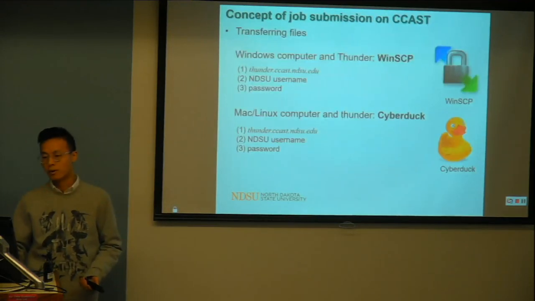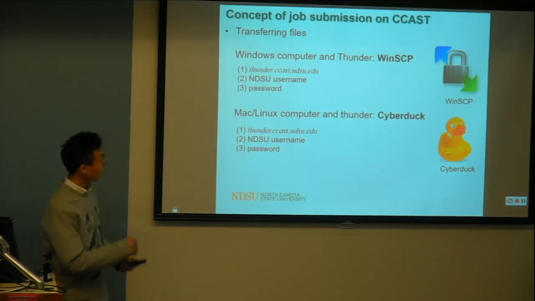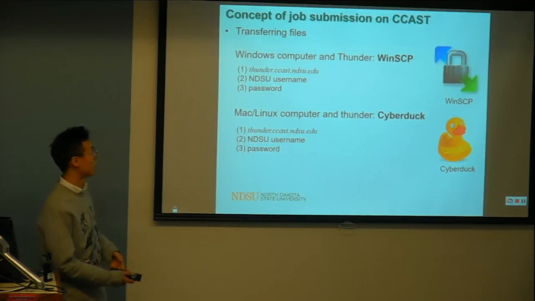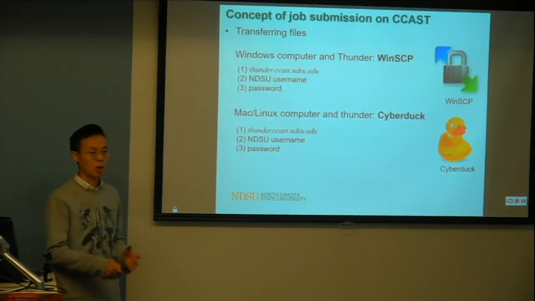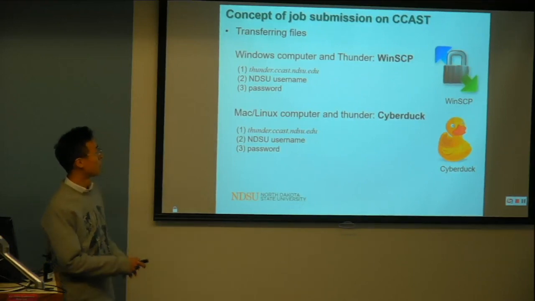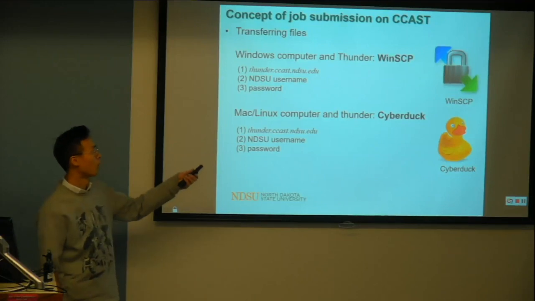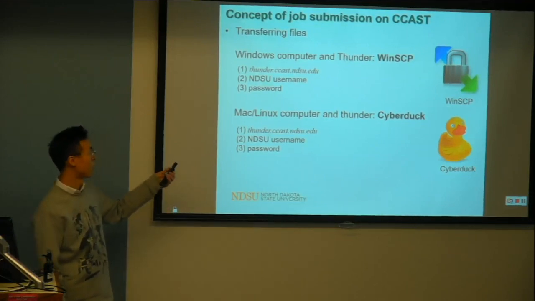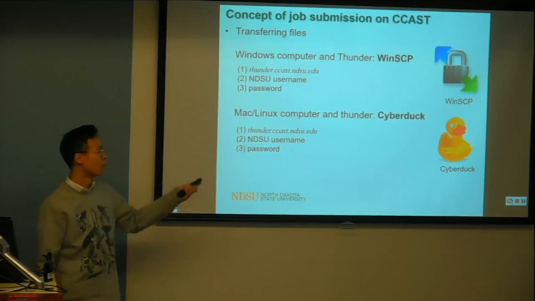So for the concept of job submission, before we do submission on CCAS, we need to transfer files from our desktop or laptop to the CCAS Thunder system. For a Windows computer, you may need to download and install WinSCP. For a Mac or Linux computer, I recommend you download and install Cyberduck.